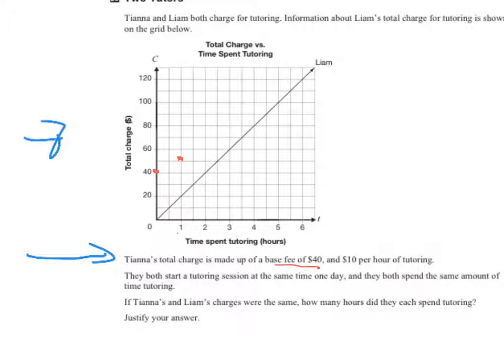And you can see you're going 2 across and 1 up. Right here, I could see my lines meet. If I was going to draw my line, it would look something like this.